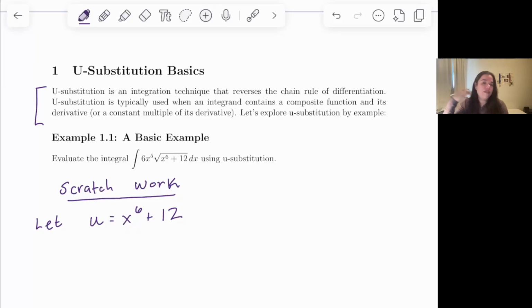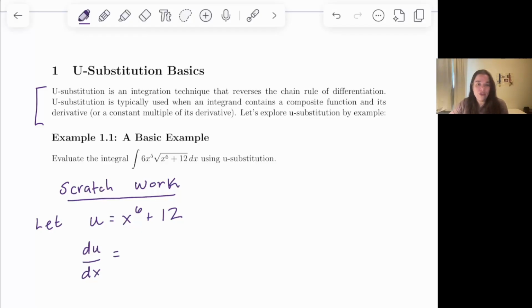I'm going to pick a new variable U, and I'm going to say that U is equal to x to the 6th plus 12. And at first you're going to say, how did you know to choose that? But through some practice and examples, you're going to get used to choosing the appropriate U. Now, I need to then take the derivative of U with respect to x. So I am going to find du dx.